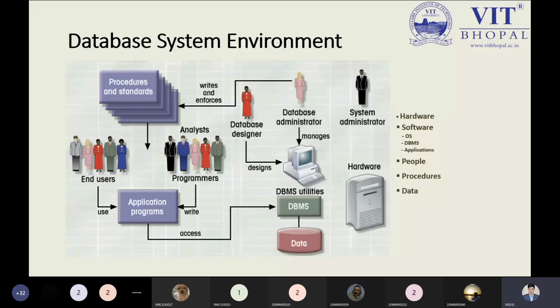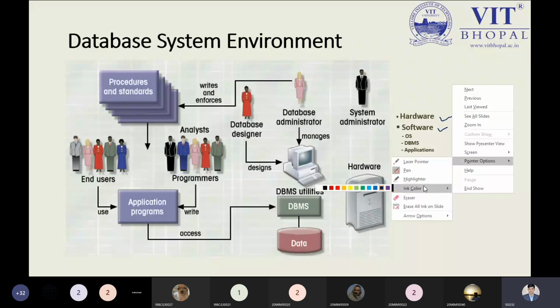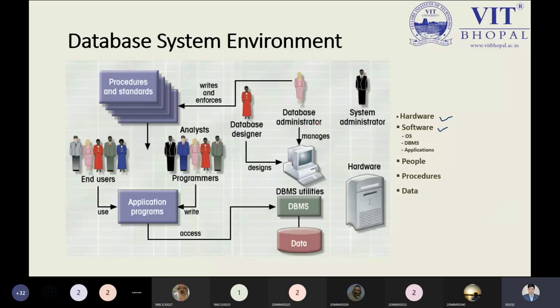Here we have some points: hardware, software, data, and people. The software includes the operating system, database, memory system, and application. But truly speaking, hardware and software are like husband and wife, because hardware is nothing without software, and software is nothing without hardware.